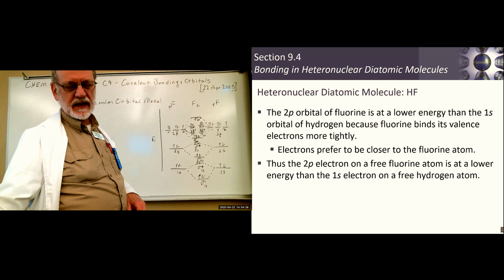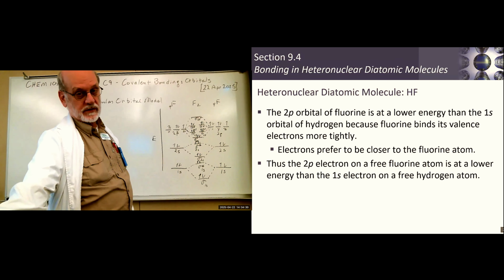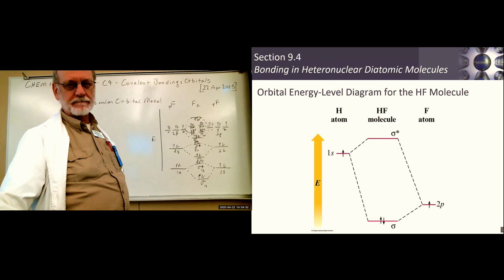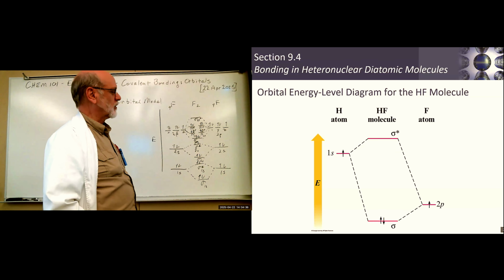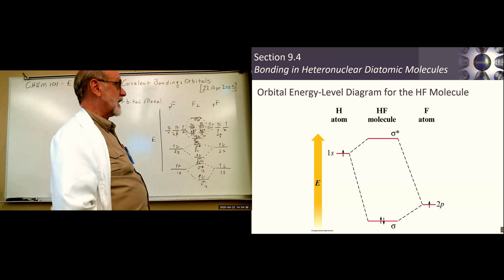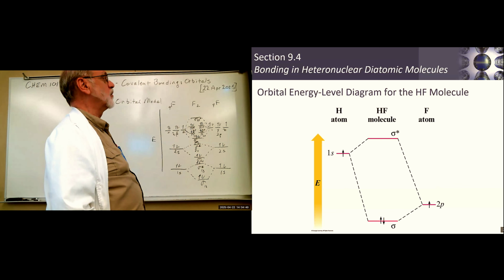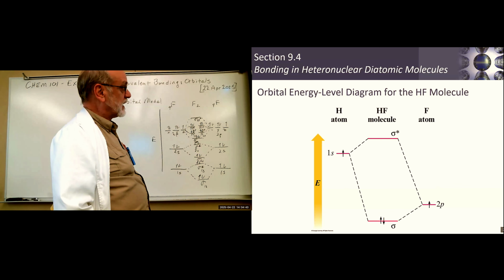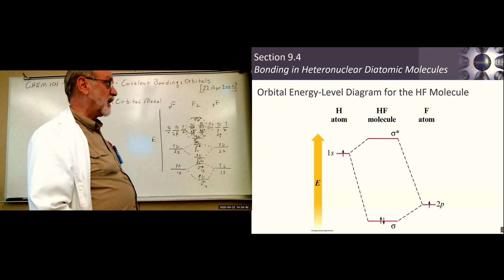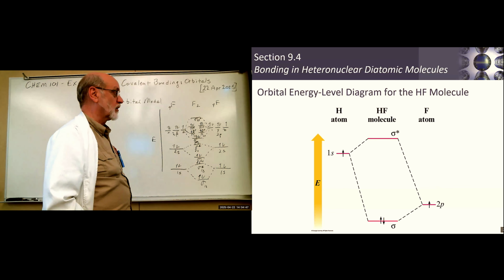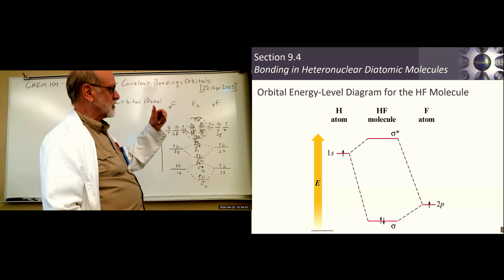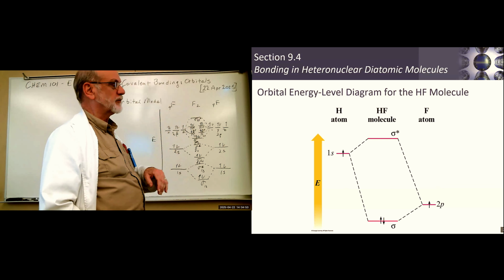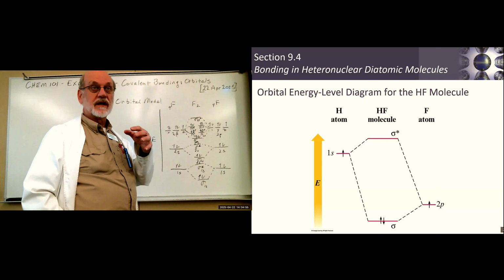Let's see. HF is even more pronounced. So if we see the HF molecular orbital diagram, we see that the hydrogen 1s is way, way up there, and the 2p that is combined with the 1s to give you the molecular orbital sigma and sigma star, you'll see that the electrons are residing much closer to the fluorine side in energy.